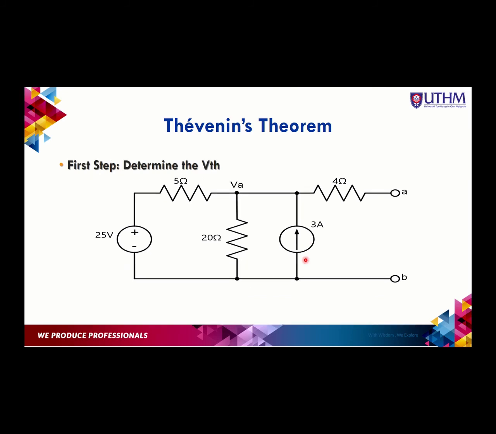Similar to before, the first step is to determine the Thevenin voltage. In this case, it is much more suitable to use nodal analysis, and I would like to propose using it because of the nature of this circuit.